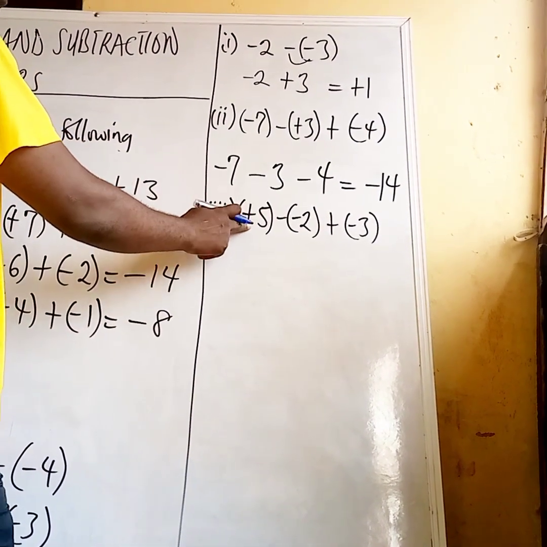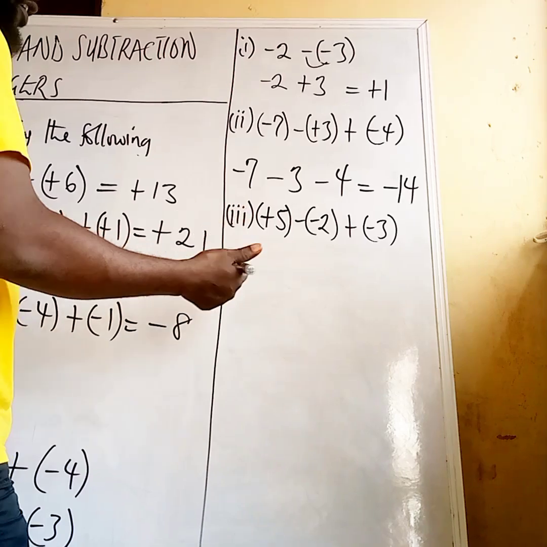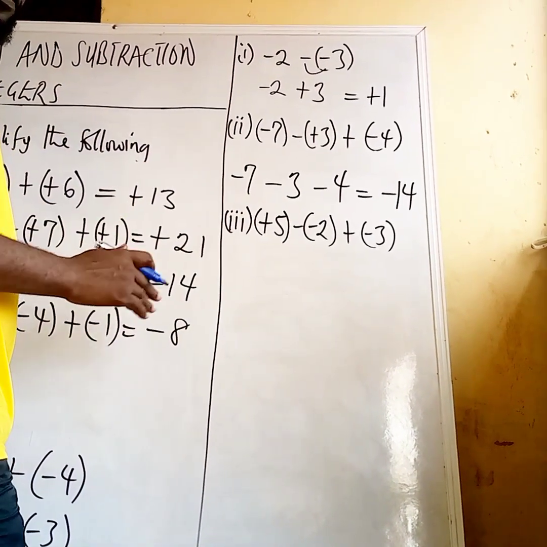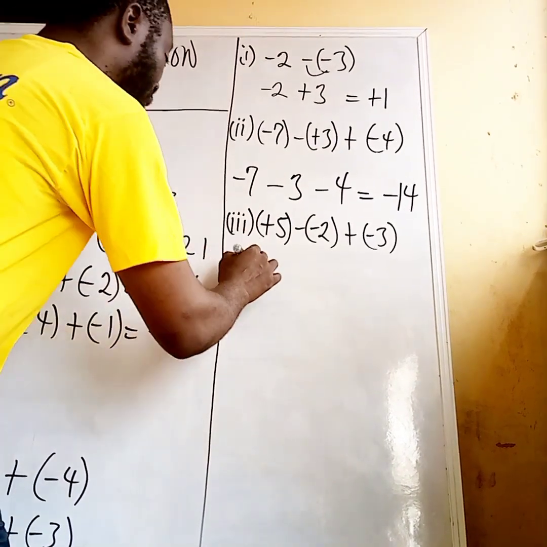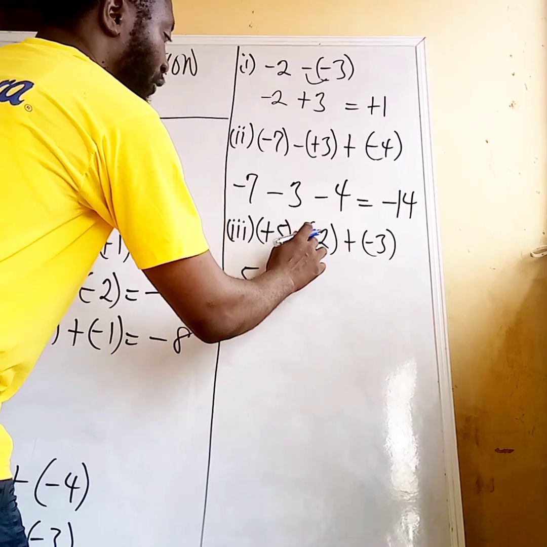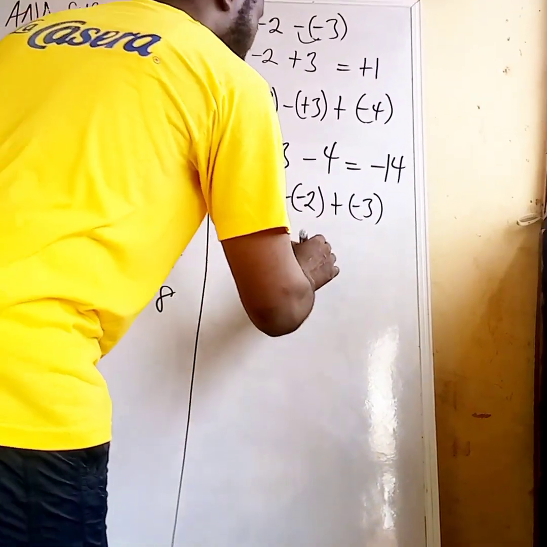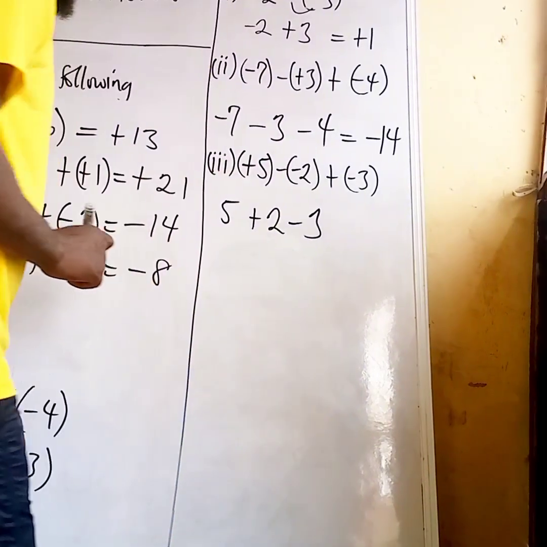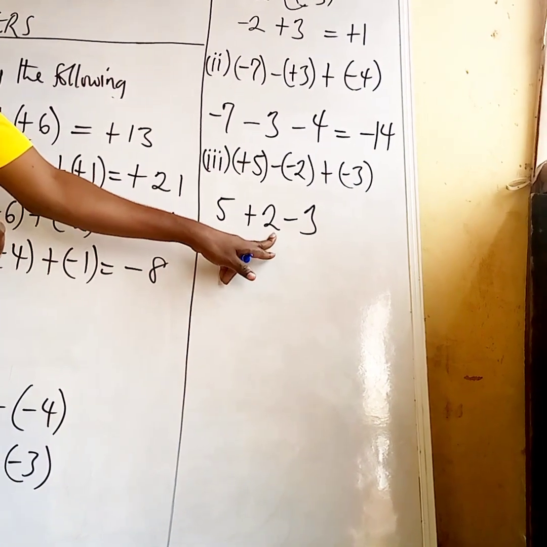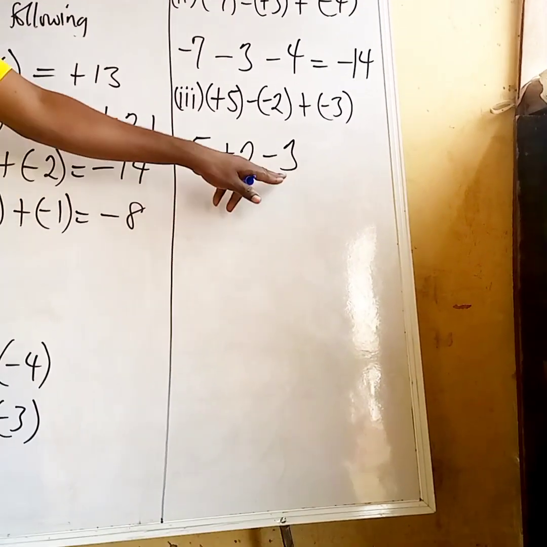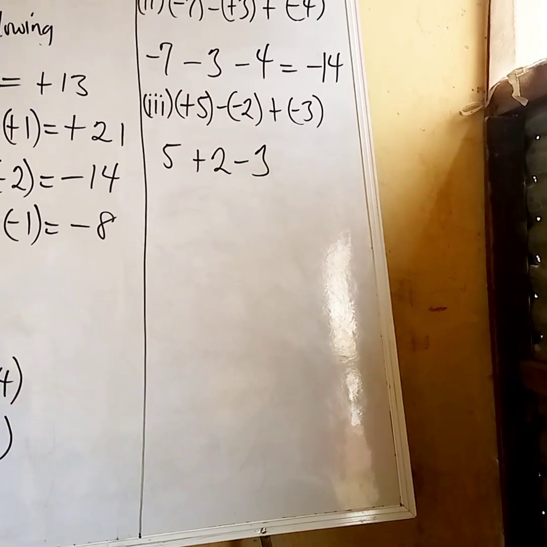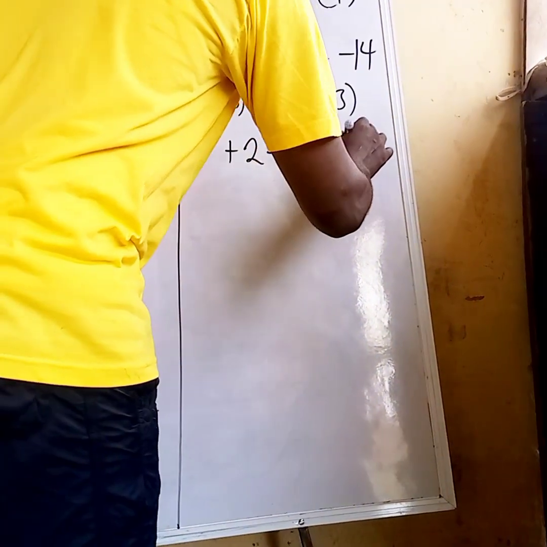You can write plus 5 as 5. It's only when it is negative that negative will not disappear. So here we have 5, minus times minus, that's plus 2, plus times minus, that is what? Minus 3. Now 5 plus 2, 7. 7 minus 3 is very easy. 7 minus 3 equals 4.